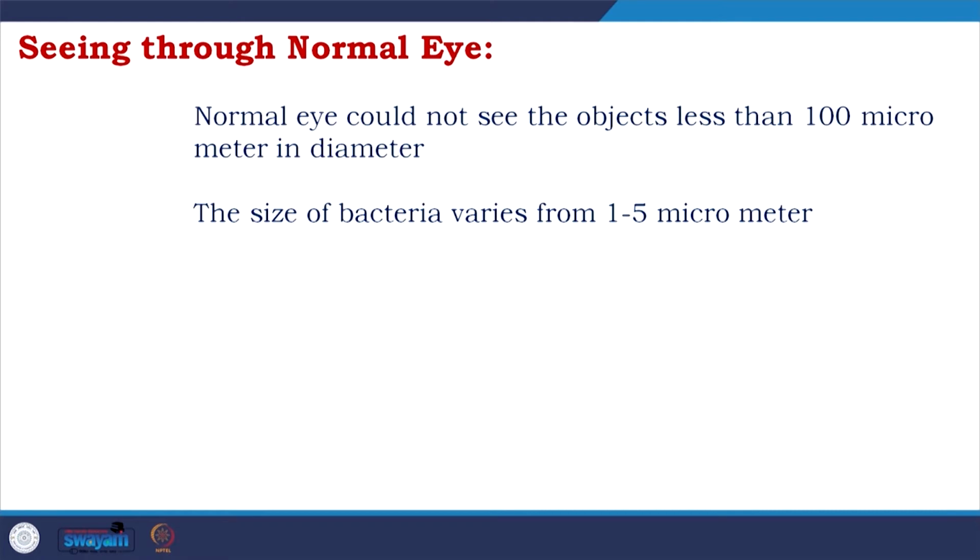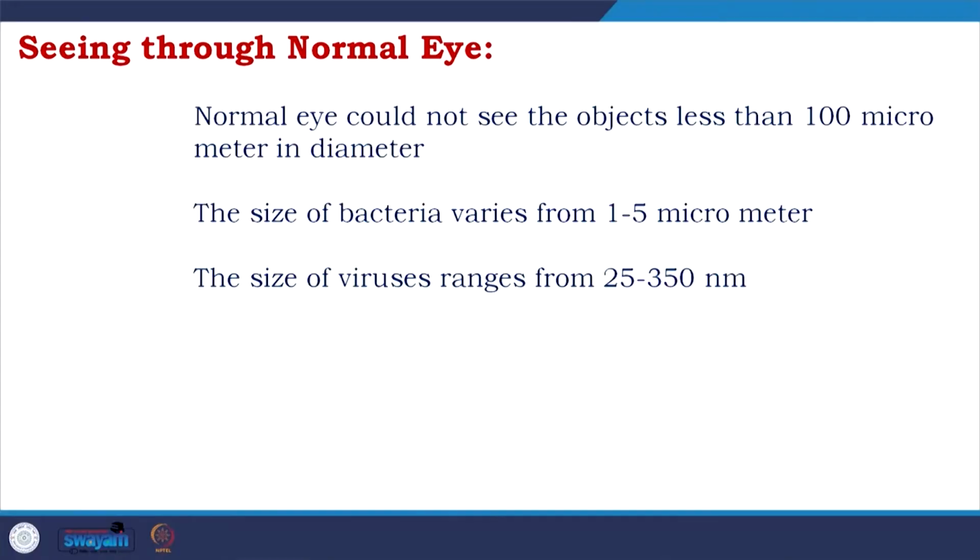The size of bacteria varies from 1 to 5 micrometer. So, in this moment you are listening to me, in that time a few bacteria are going where you are sitting, through your hands, everywhere, and you could not even see them in normal eye. The size of viruses ranges from 25 to 350 nanometer, even smaller.